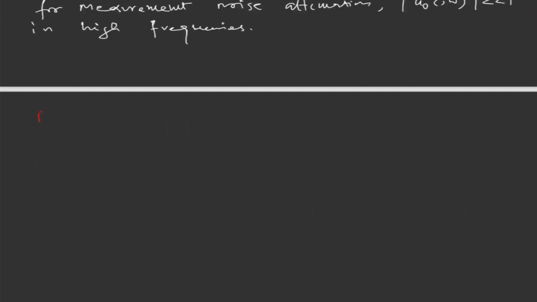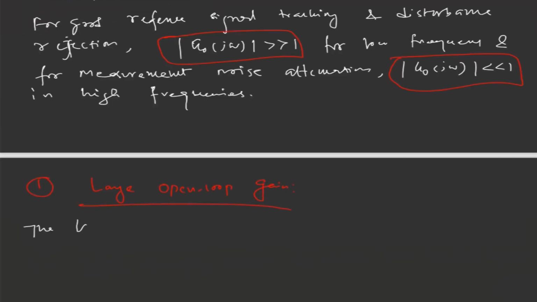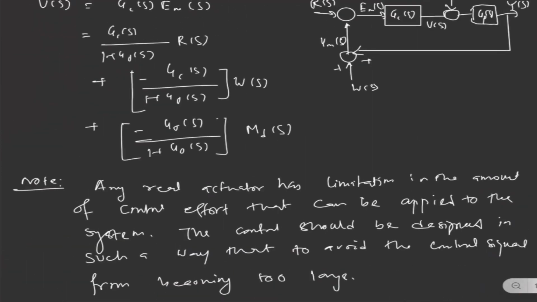If the open loop gain, which is G naught(j omega), is very large, let me denote this as equation number 2.